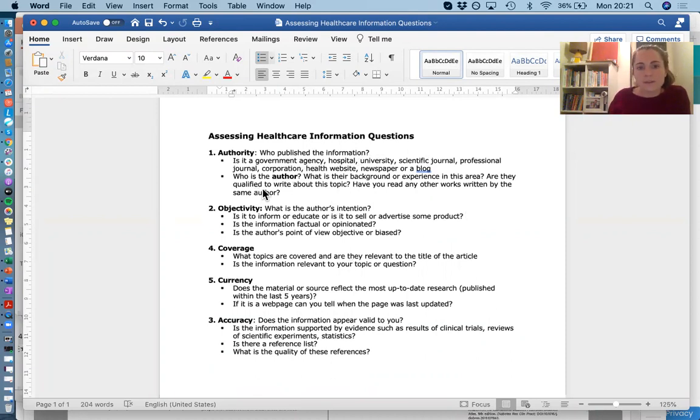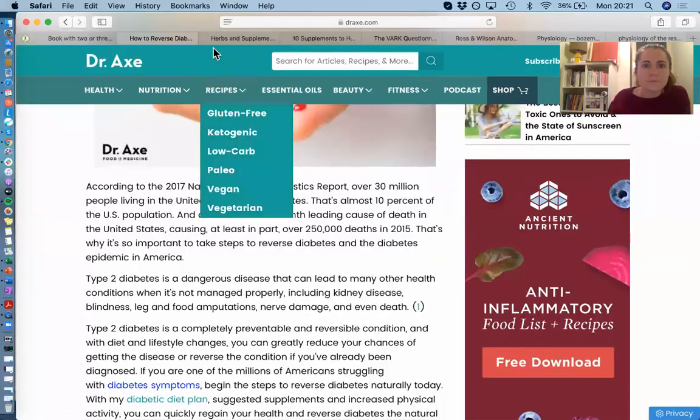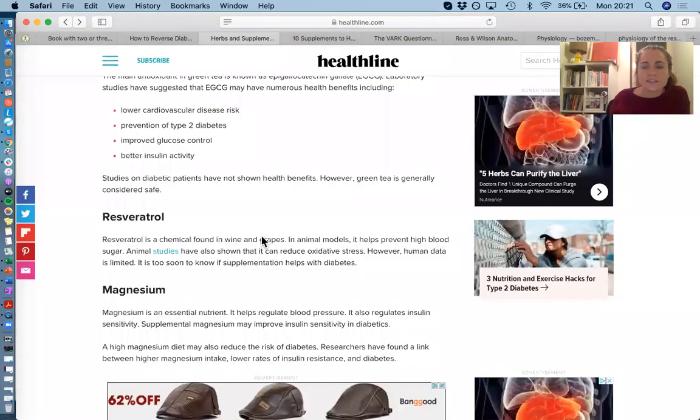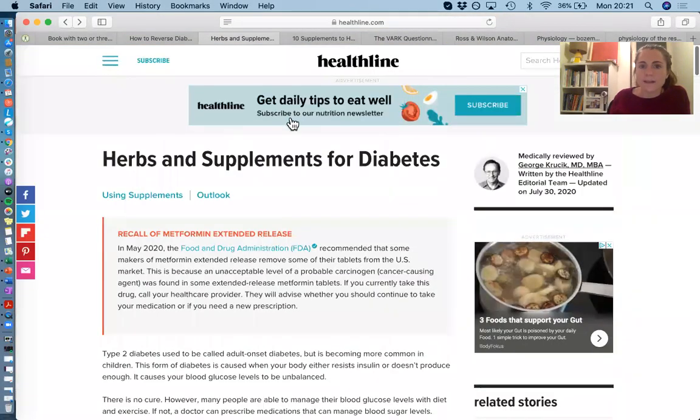Or for example, if I show you this one, this is an article from Healthline, which is a health information website. The publisher is Healthline. It's medically reviewed by George Kruik, whereas it's written by the Healthline editorial team.